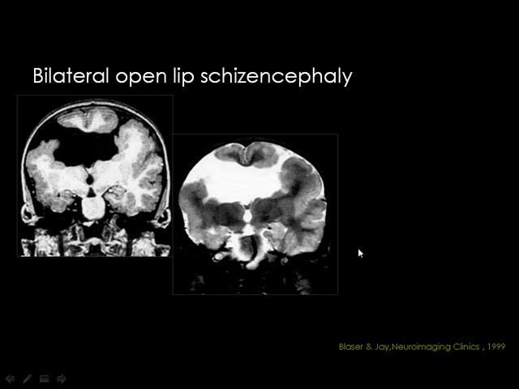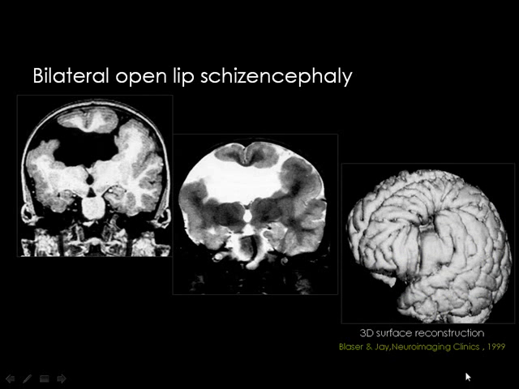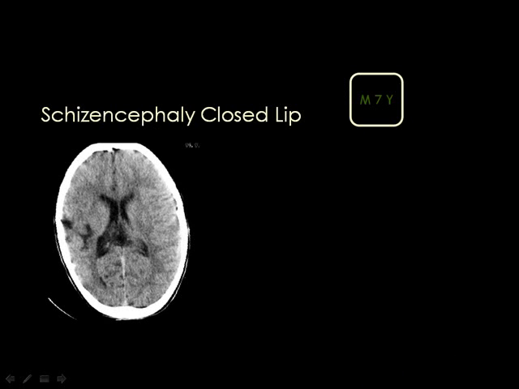Schizencephaly may be bilateral, and maybe closed lip on one side and open lip on the other side, maybe smaller on one side and larger on the other. As you can see here, there is bilateral open lip schizencephaly, and you see cortical brain tissue lining the cleft on the left side, also on the right side, and also you can use the 3D surface reconstruction to see the cleft in this area.